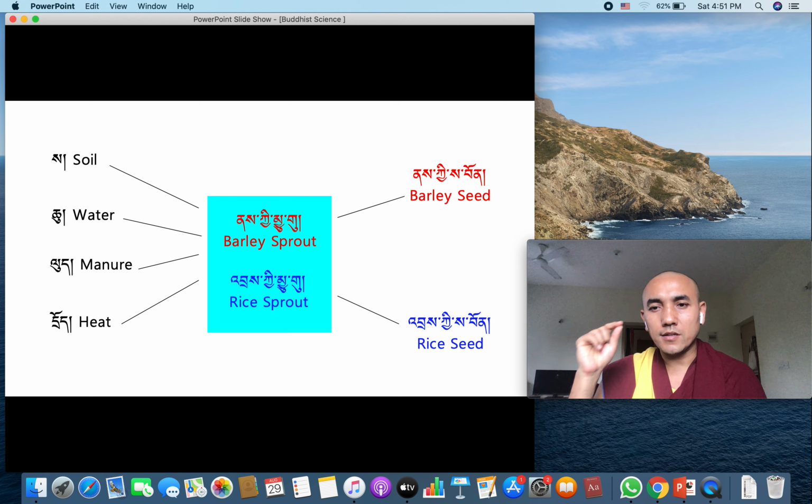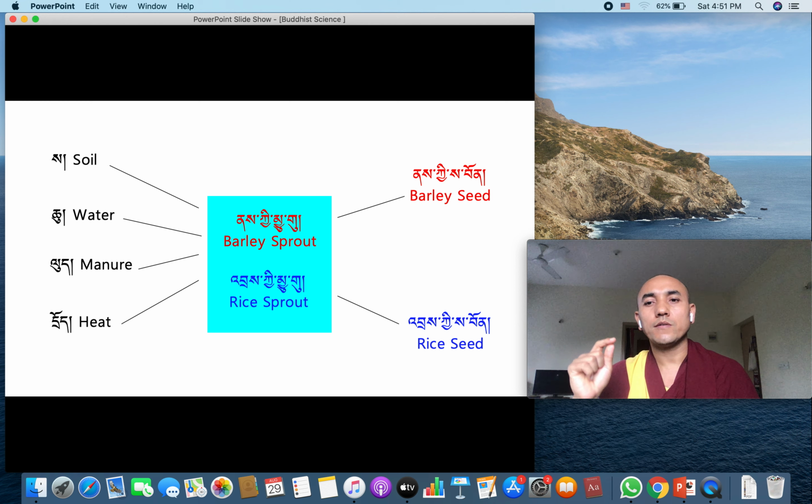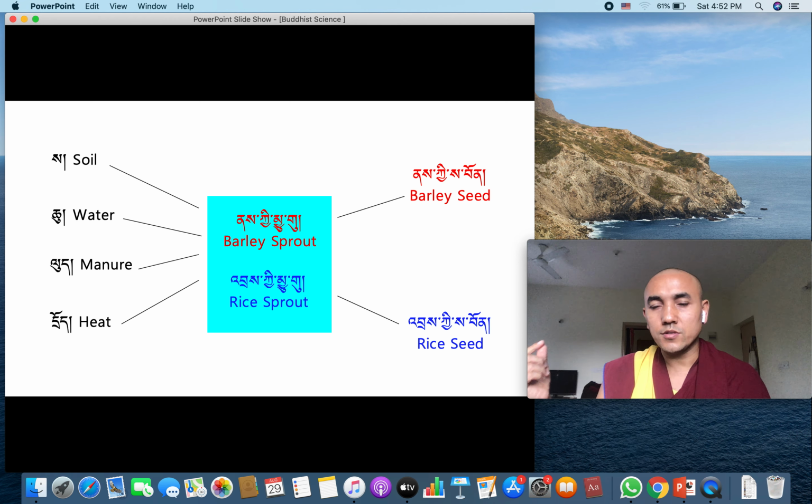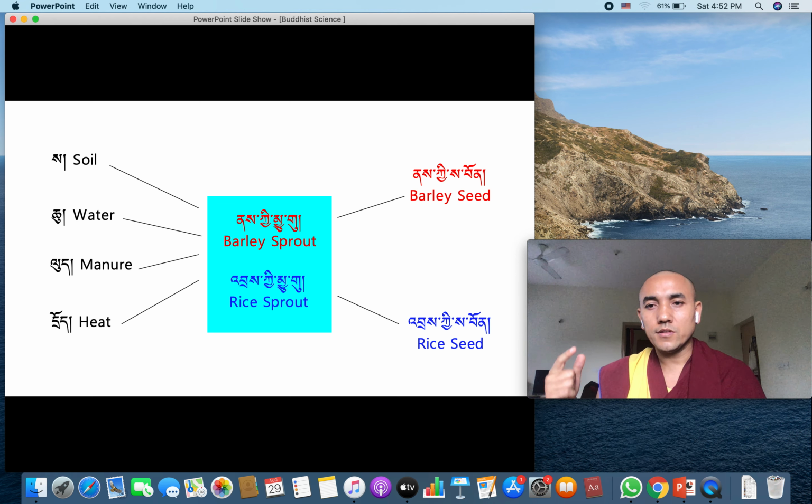And if you look at the first moment of consciousness in our life, that must have its own substantial cause, and it must come from the preceding moment of consciousness.